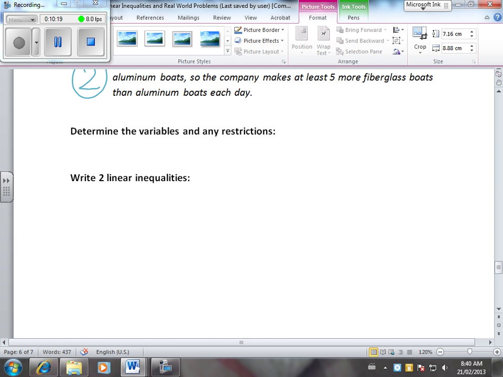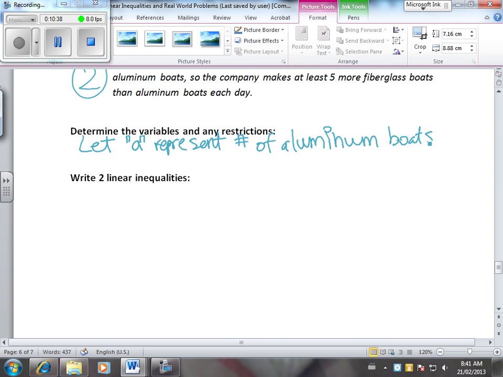So we can say, let A represent the number of aluminum boats, so A for aluminum, and then we'll let F represent the number of fiberglass boats.